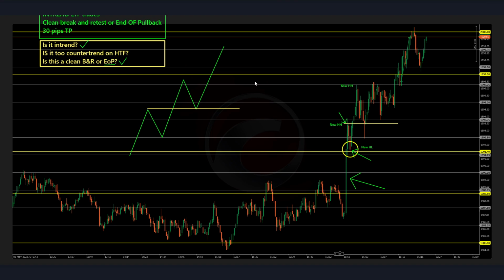So that's actually what tends to happen. And if the market is very straightforward, we simply see the continuation on this level.